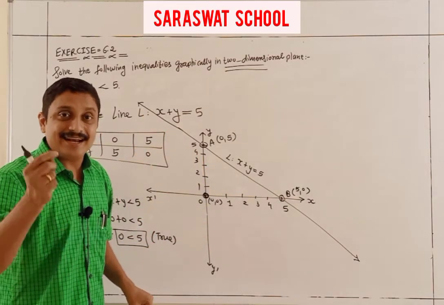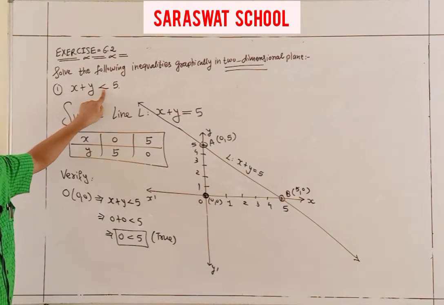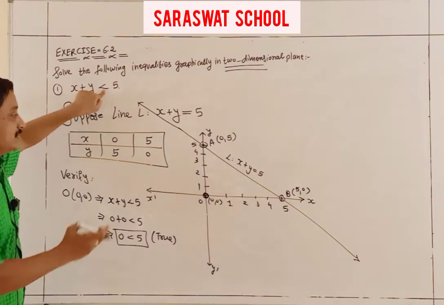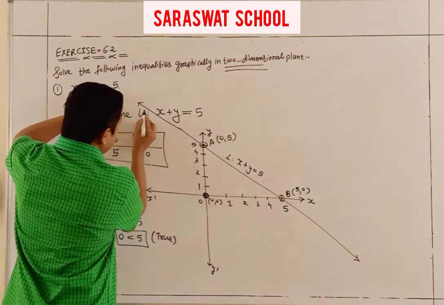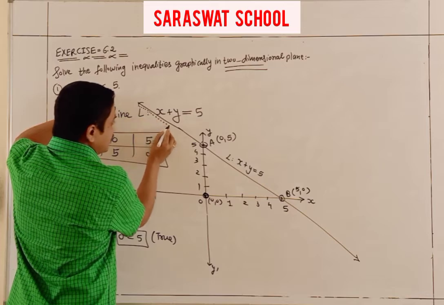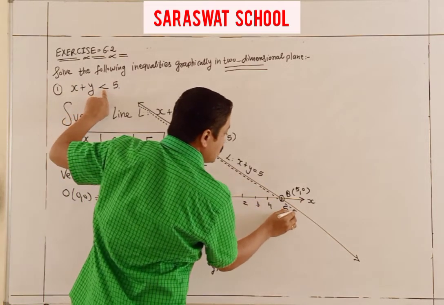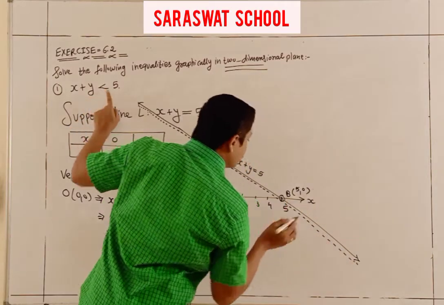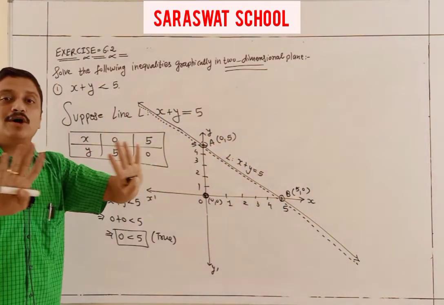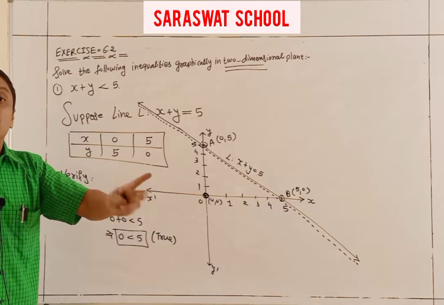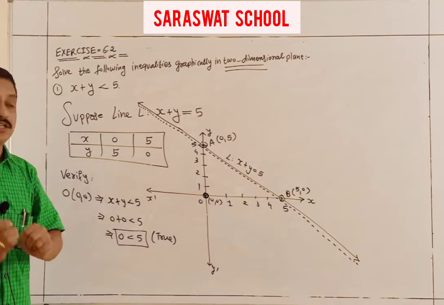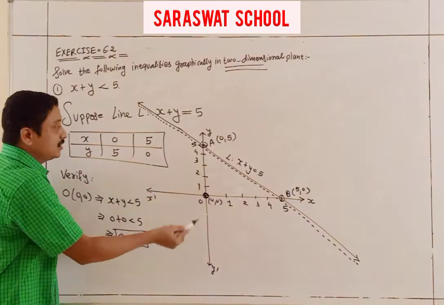Yes. Now here it is only less than. Less than means this line is not included in the answer. So you draw a dotted line. Why do I draw a dotted line? Because this line is not included in the answer. After that, the nearest answers are possible. And this side, the origin side, is shaded.